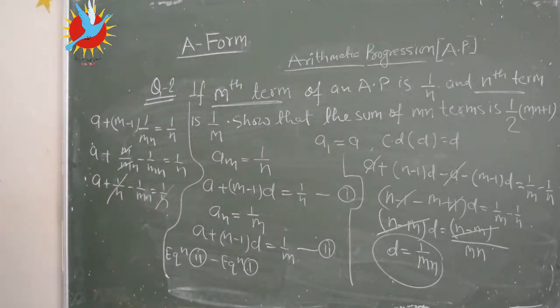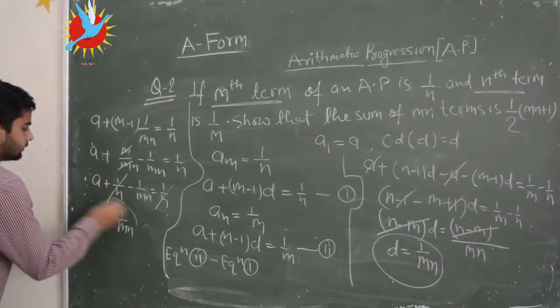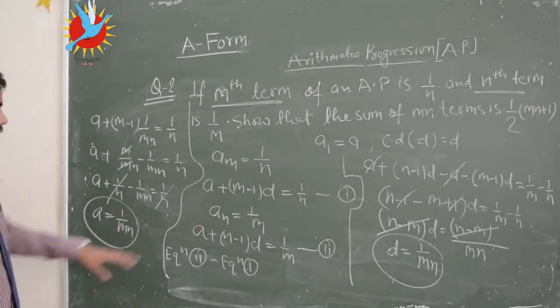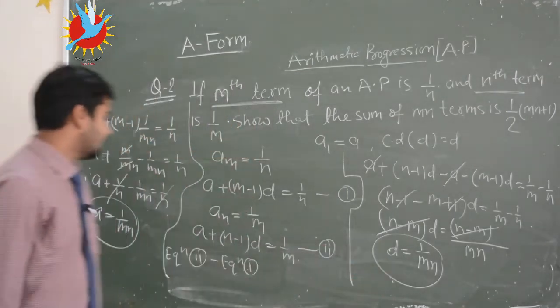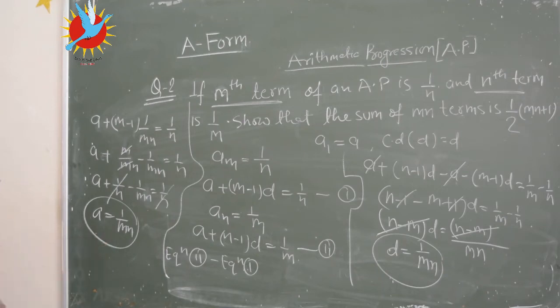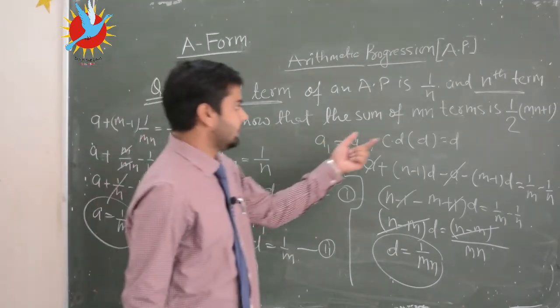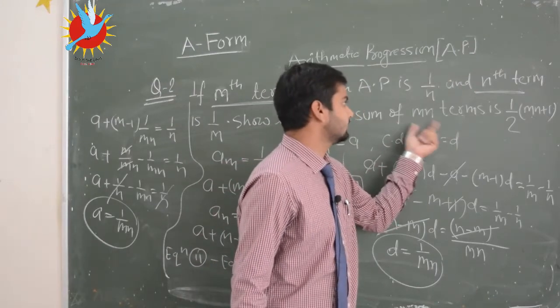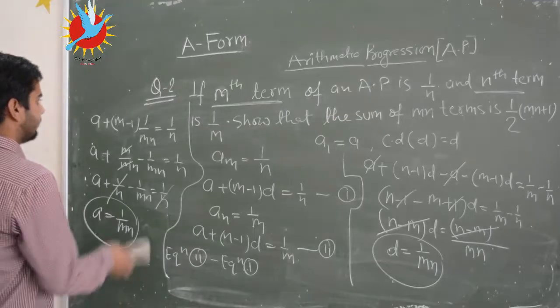This will get cancelled out. a equal to 1 upon mn. So from these two equations we have calculated the value of d as 1 upon mn and the value of a as 1 upon mn. Okay, same, and we want to calculate the sum of mn terms, and that sum is equal to (mn plus 1) by 2, that we have to show.